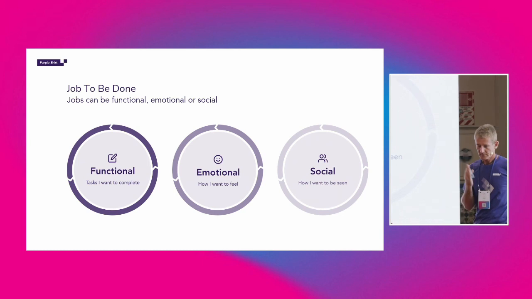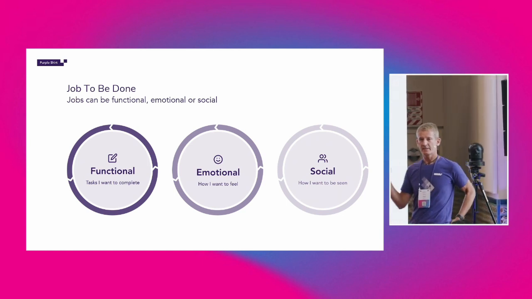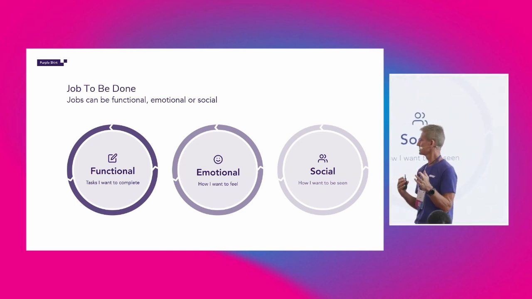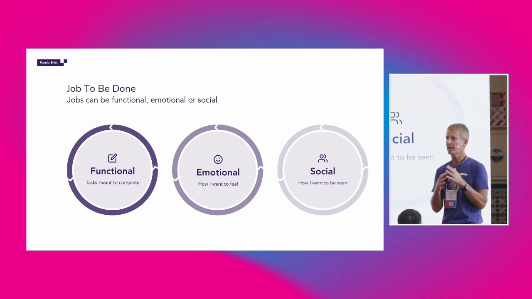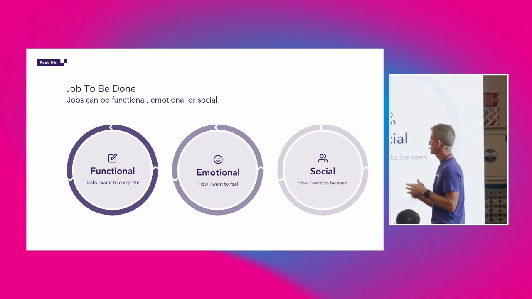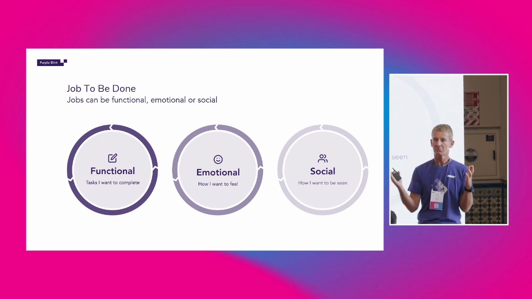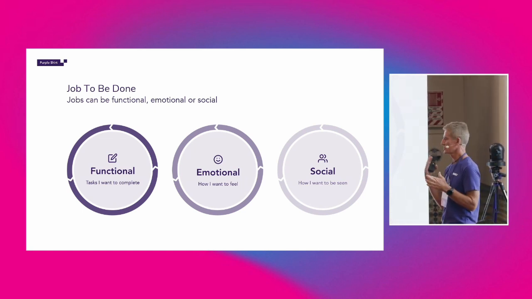And for those of you who are not familiar with it, in jobs methodology, there are 3 different buckets. There's functional jobs, so tasks that I want to complete, a very functional view of the world. There's the emotional, so how I want to feel when I hire something into my life or into my business, and social.